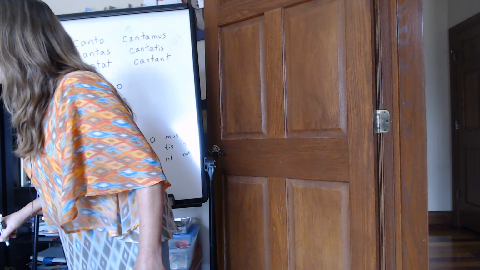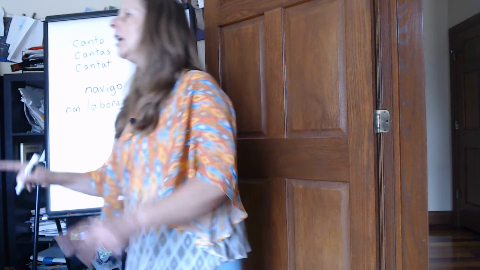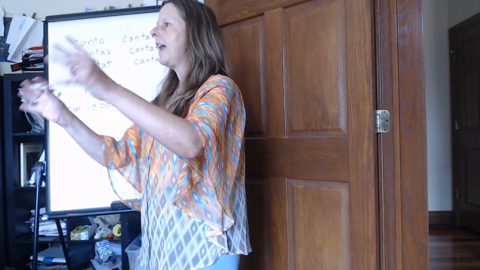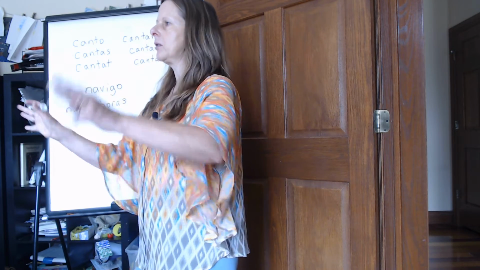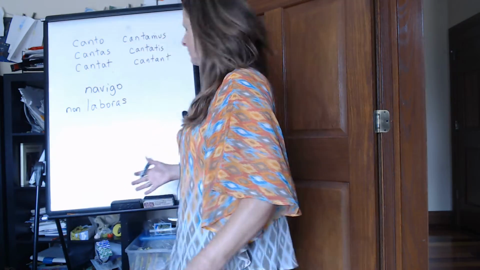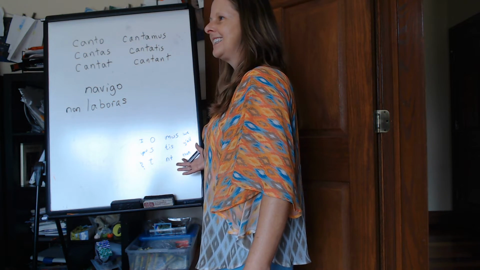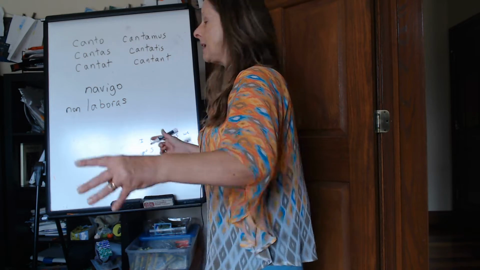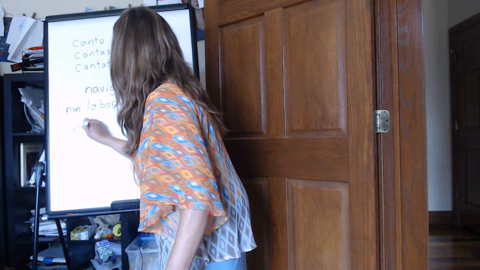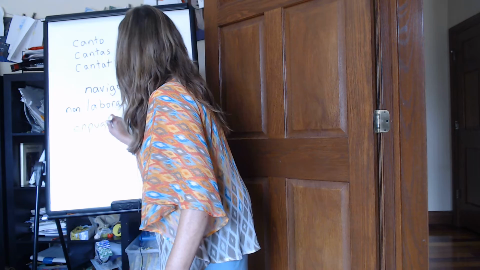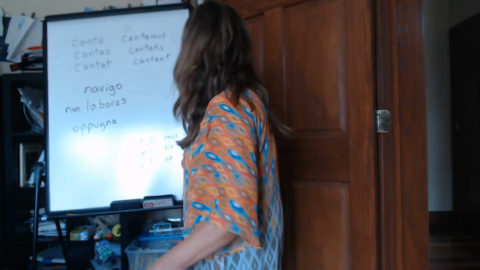How about are they attacking? How about just tell me how to say they are attacking? Don't make it a question. They are attacking. Oppugnant. I can't pronounce it. Yeah. So oh yes, oppugna. That's our stem.